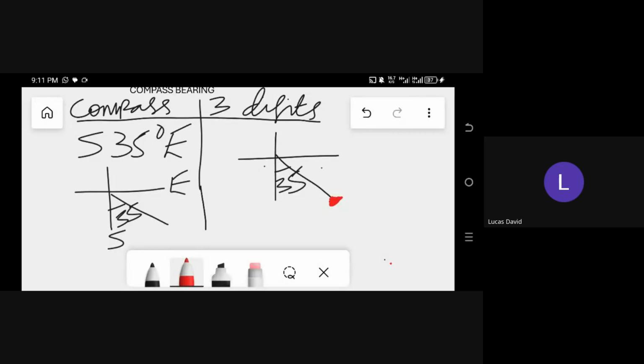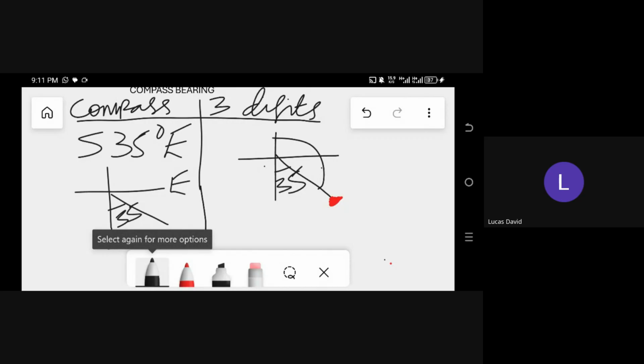Remember that in 3-digit bearing, you always read from the north down until you get to the line marked red.